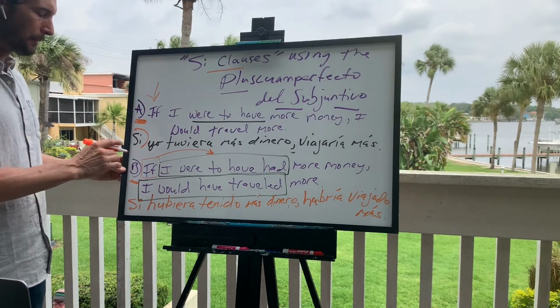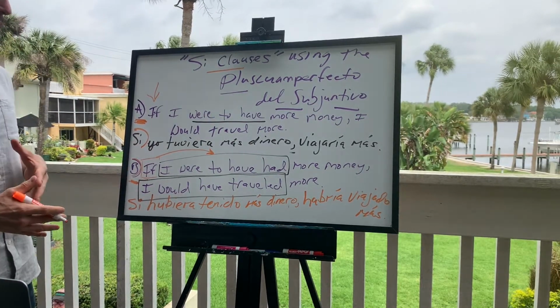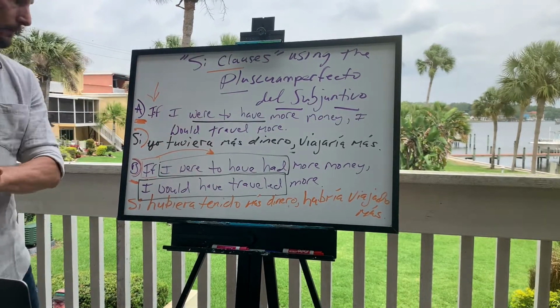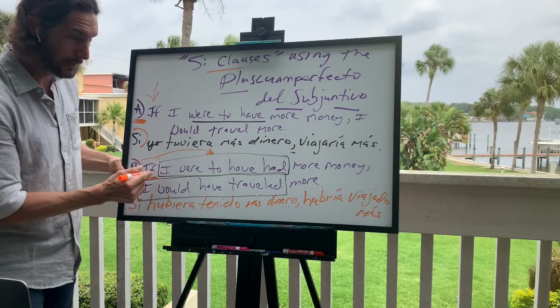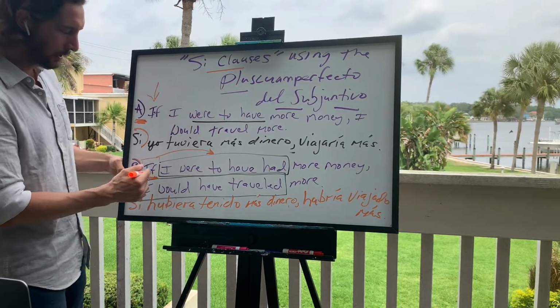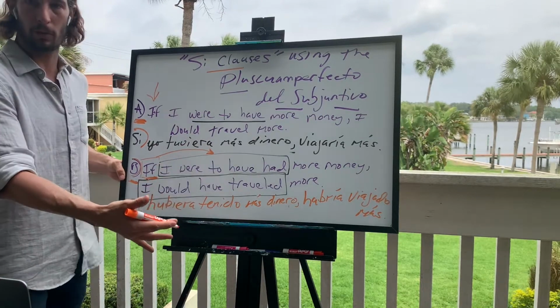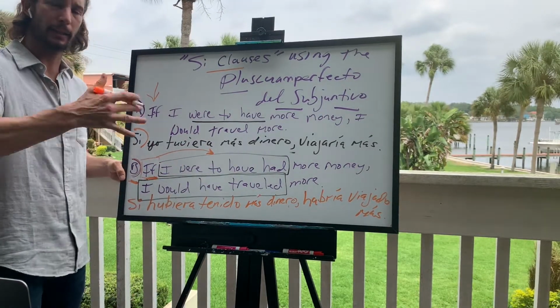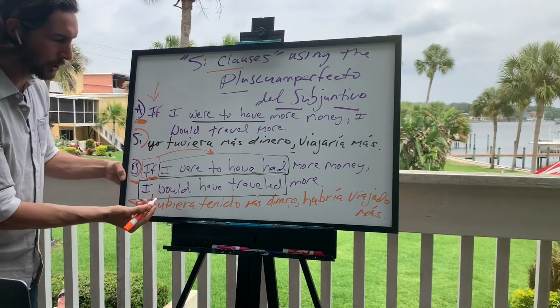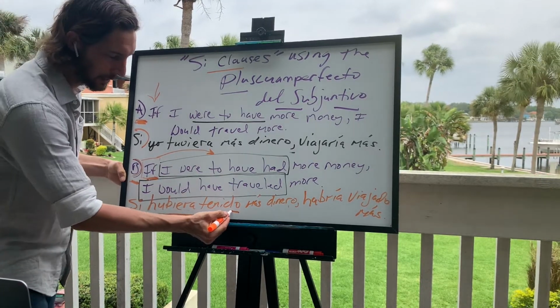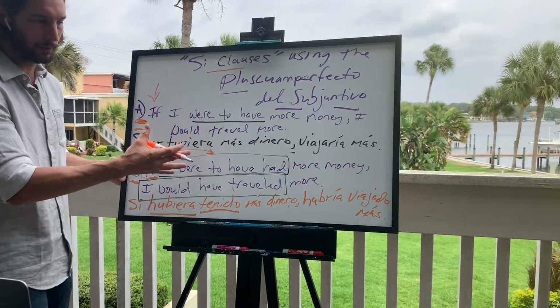But the new stuff here is the combination of the past perfect subjunctive with the conditional perfect. Notice the difference in what we're saying: if I were to have had more money, I would have traveled more. We're reflecting back. So we use haber in the past subjunctive and then our past participle, because we're making perfect tenses.